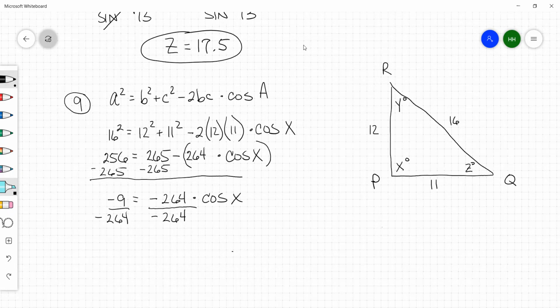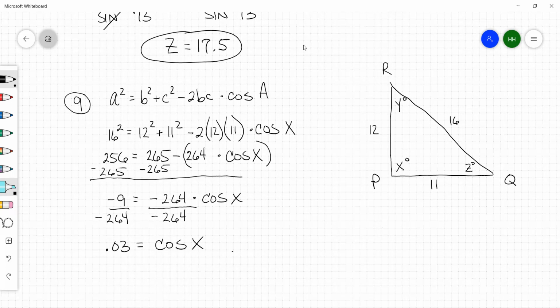So negative 9 divided by negative 264 equals, what do y'all get? 0.03 equals cosine of x. Now what happens? 0.03 second cosine equals 88.28. We're going whole numbers on angles, right?